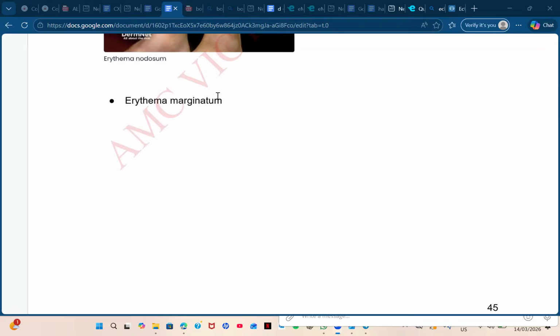We can see it in rheumatic fever, right? Specifically rheumatic fever. Is it a major criterion or a minor criterion in rheumatic fever? Tell me, doctors.